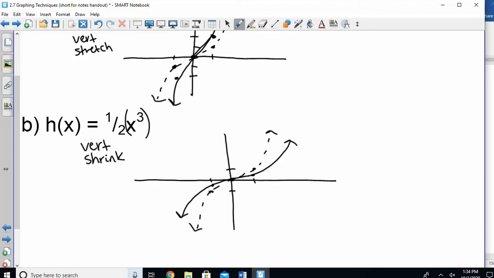When you squish it down, it gets shorter and fatter. Questions right there.